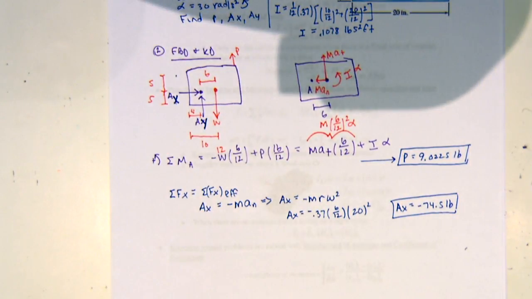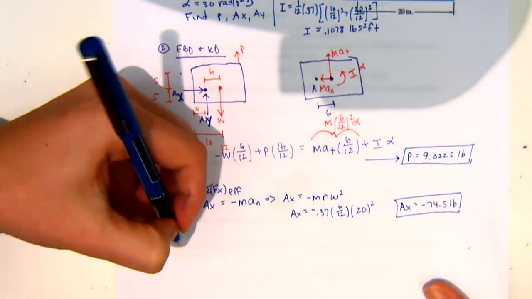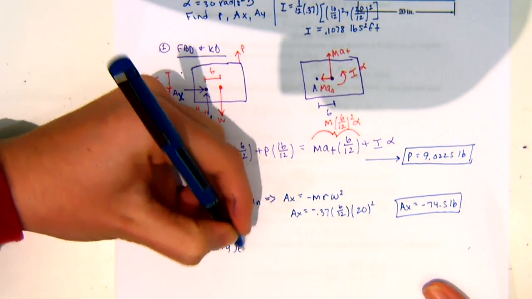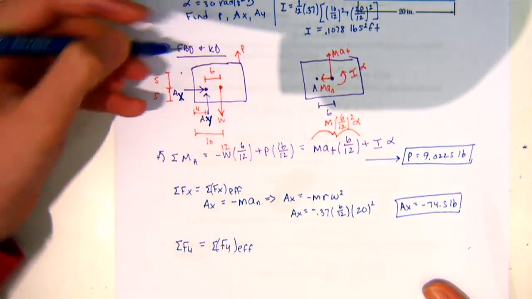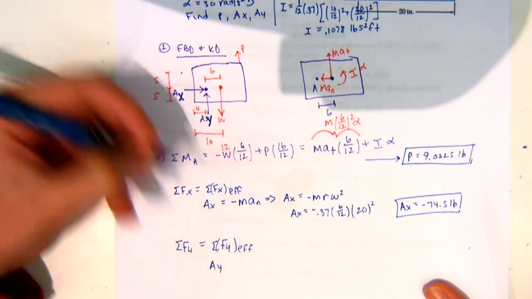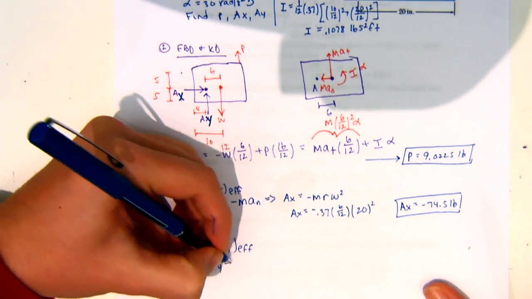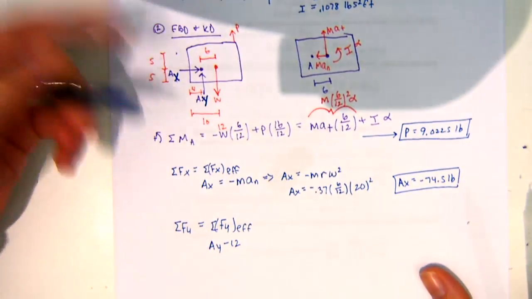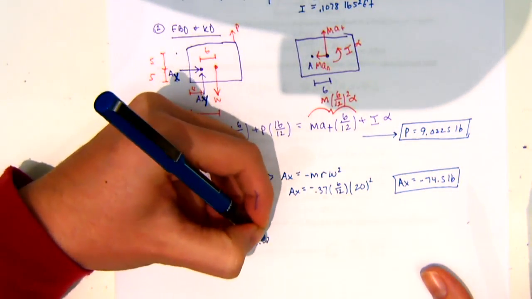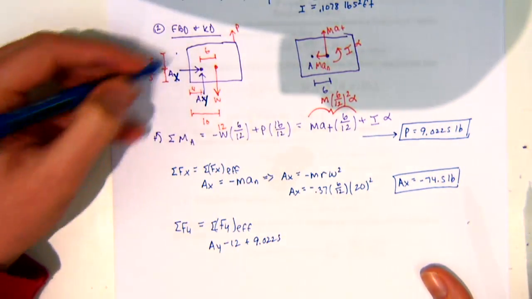Now I can do sum of forces in y is equal to sum of forces in y effective. So looking at my free body diagram, I have AY minus the weight, which is 12, plus P, which is 9.0225, and that's it.